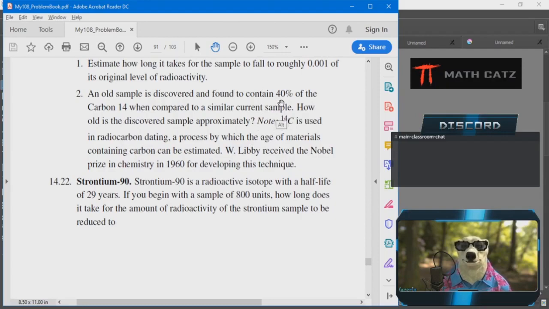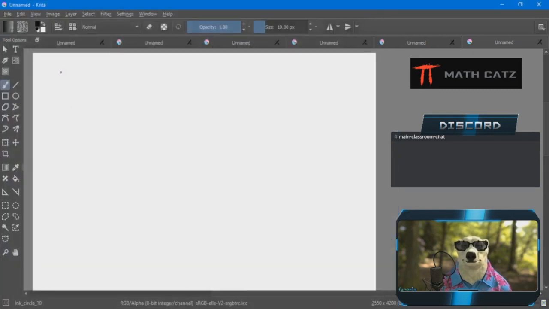So how long did it take for carbon-14 to decay to 40% of whatever original amount there might have been? So in number 2, we're looking to find the time that it takes for my carbon-14 decay amount to be 40% of what it originally was.